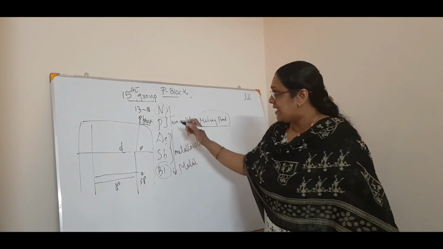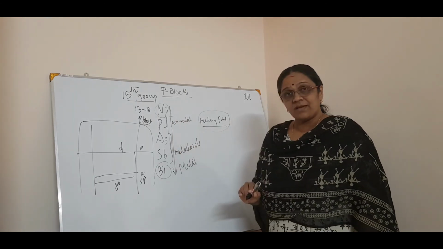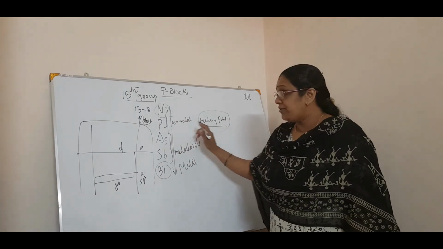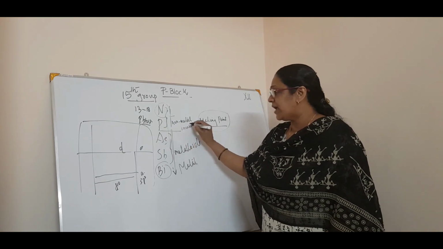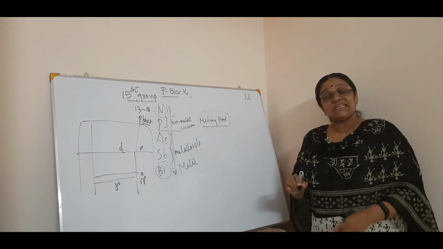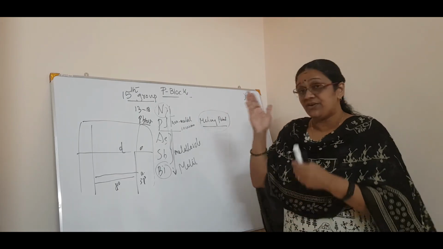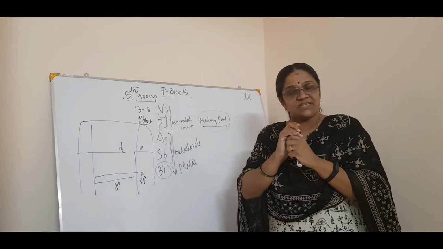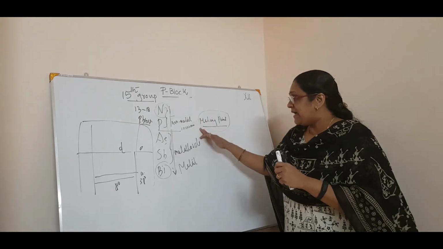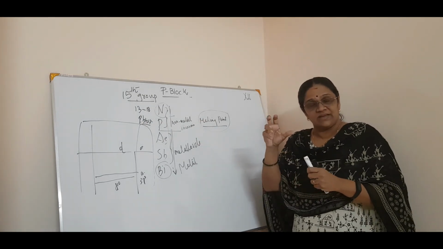What happens is, as you come from top to bottom, the melting point first increases abruptly. Melting point means the energy to break the bond between these nitrogen, phosphorus atoms. So melting point normally increases because the bonds are very strong.